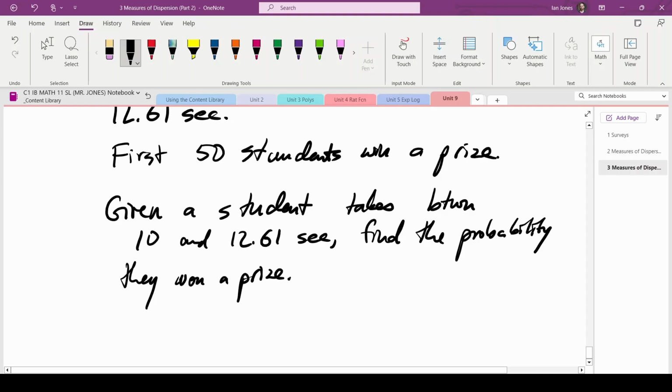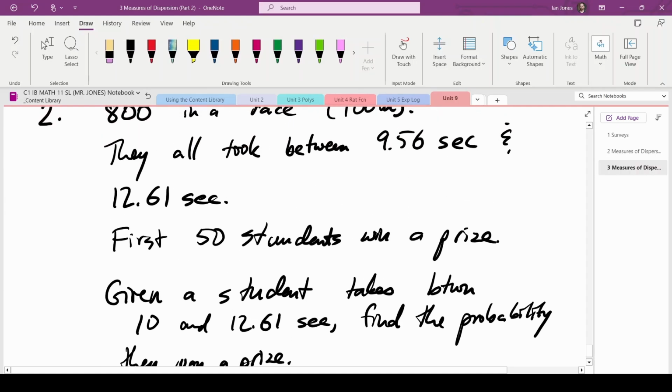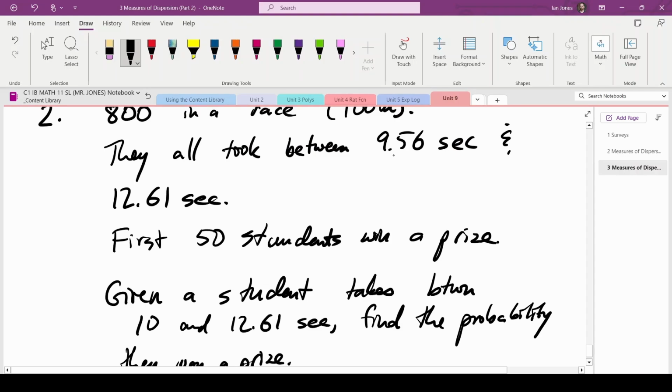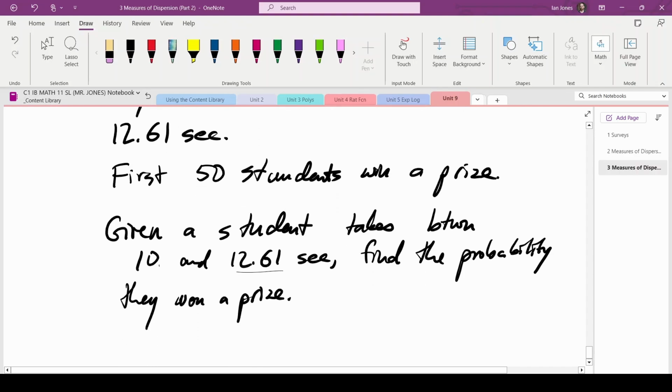In other words, this student is not between 9.56 and 9.99. Okay, the student took 10 seconds or longer, or maybe they were dead last. If we randomly select a student out of this group, what's the probability that they win a prize?